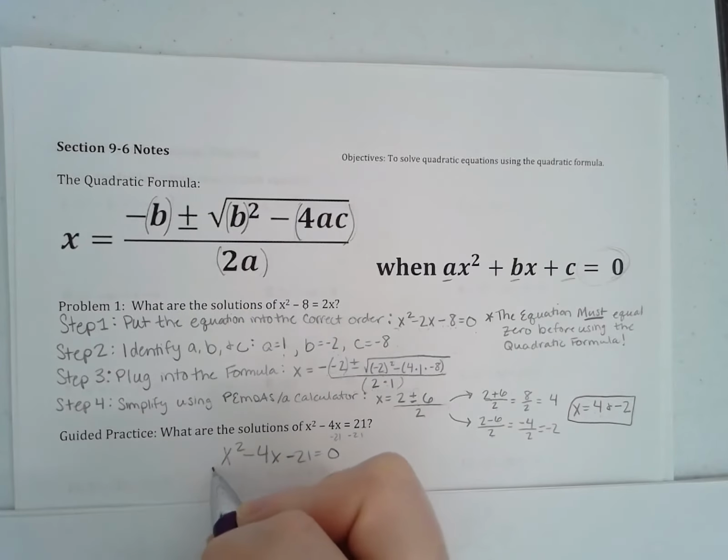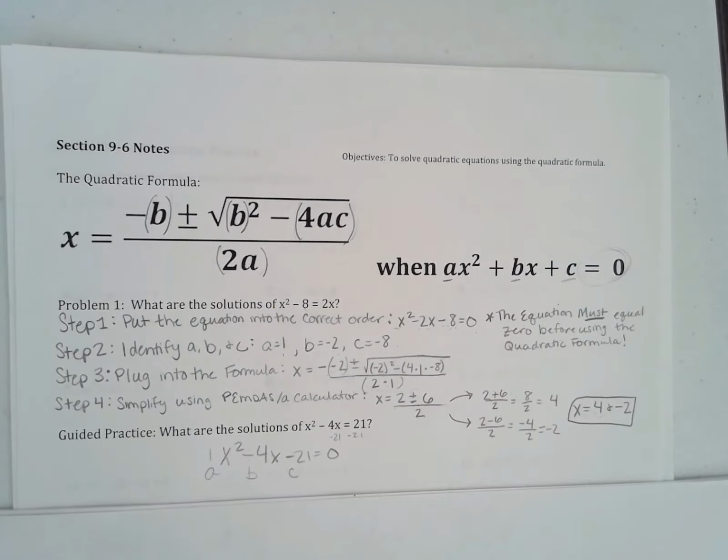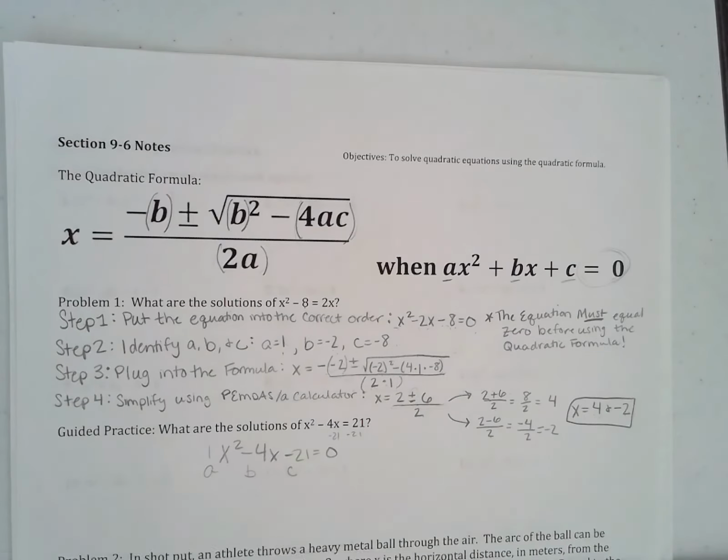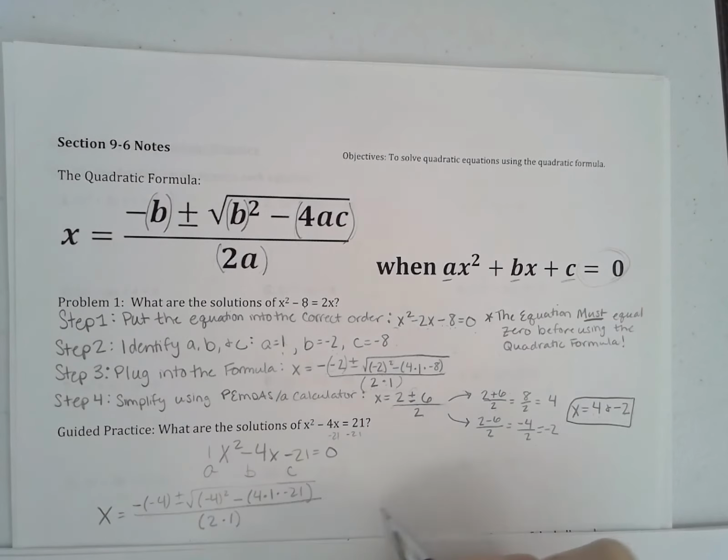So that means your A value will be 1, your B value will be -4, and your C value will be -21. When you plug it into the quadratic formula, you'll get x equals -4 plus or minus the big square root of -4 squared minus 4 times 1 times -21, all over 2 times 1.